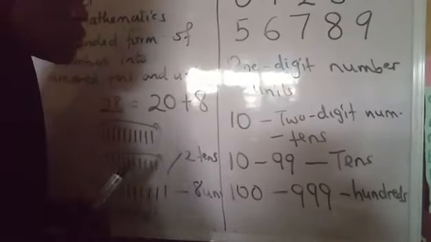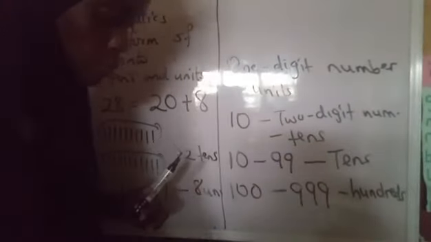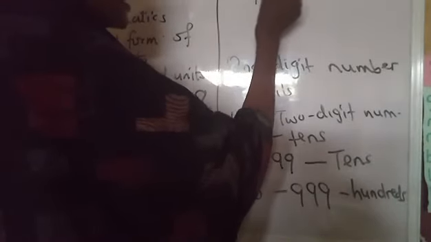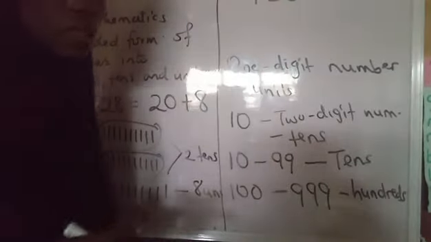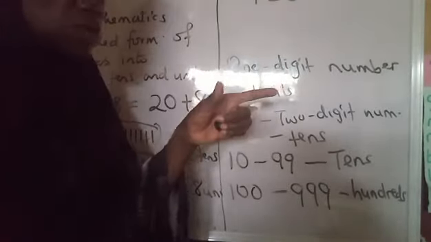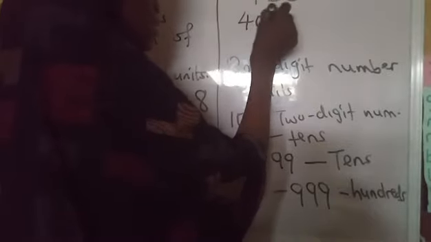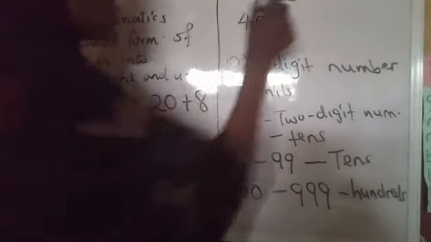So, to explain better, let me pick a 3-digit number. Let me pick 436. If you listen to how it is pronounced, it is very simple. 400, isn't it?